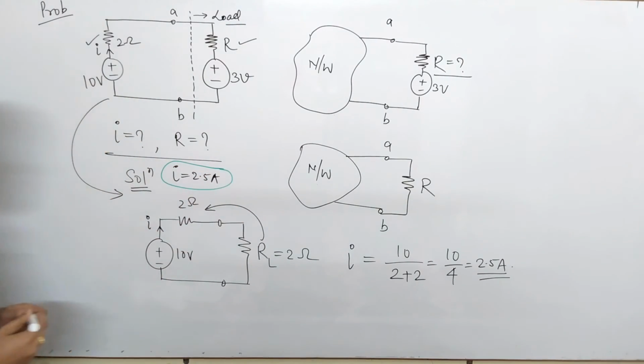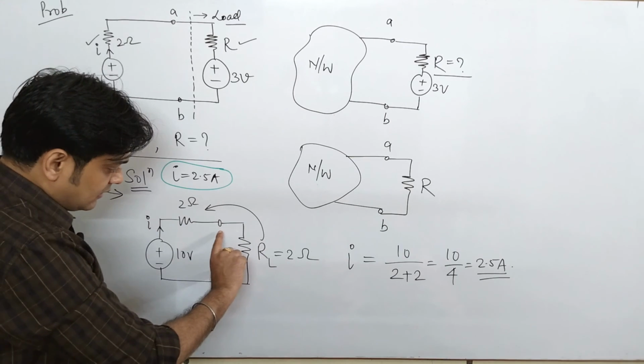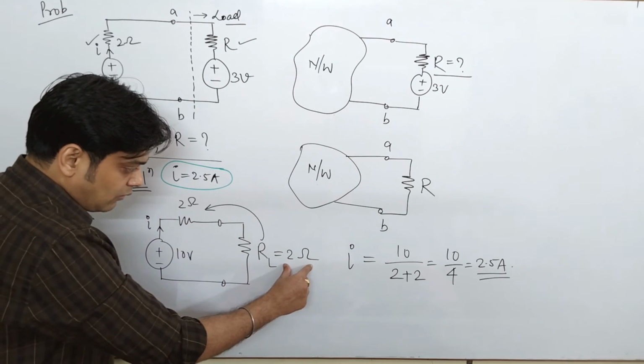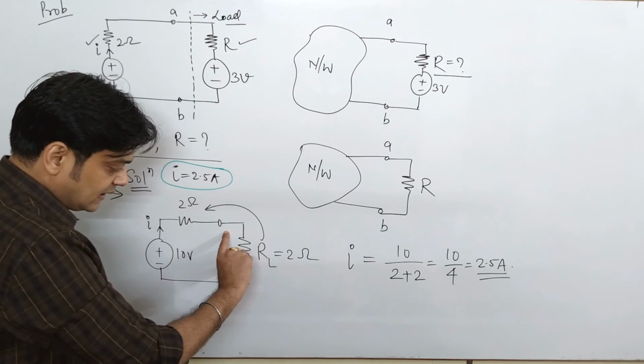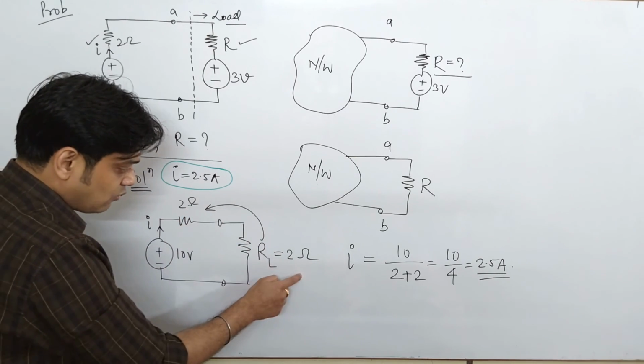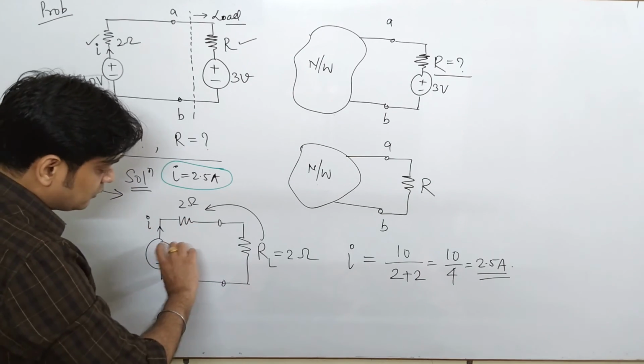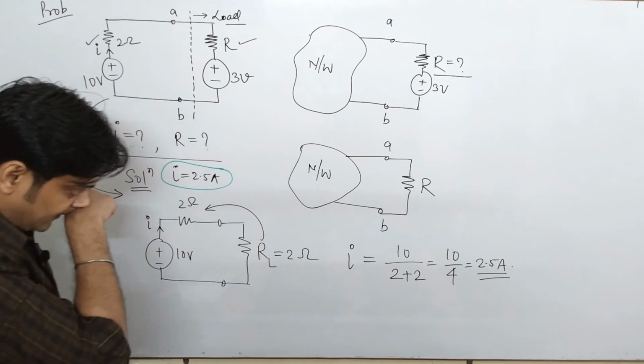Once you know the value of I, that is 2.5 ampere, you have solved the first part of this question. Once again I will explain here. When a load resistance of value 2 ohm is connected here, why have we taken it as 2 ohm? Because once these two resistances are equal, this entire source will deliver maximum power to this load.